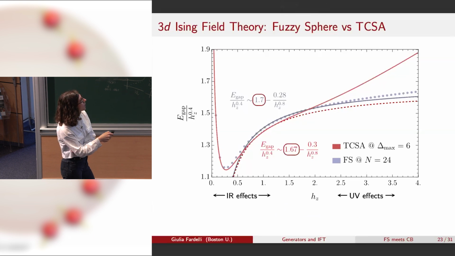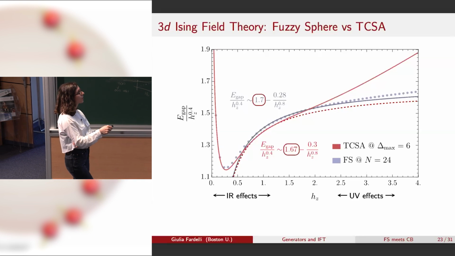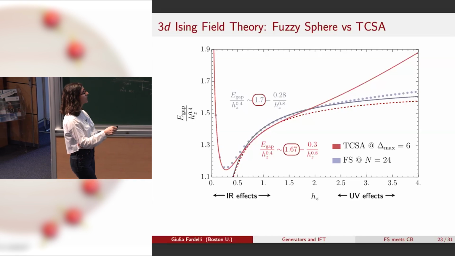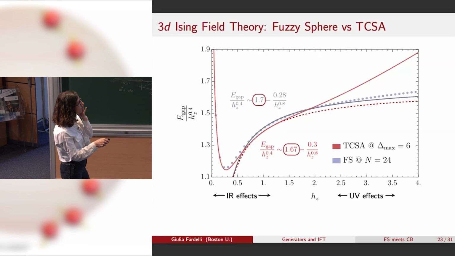First of all, I wanted to emphasize that these two lines are really close in the IR, where we expect them to be close because the IR effects are basically the same in this approach and in this approach. Especially when H is really small, everything is just quadratic, so we can use the fact that these two should be the same at small values of H to rescale this parameter.